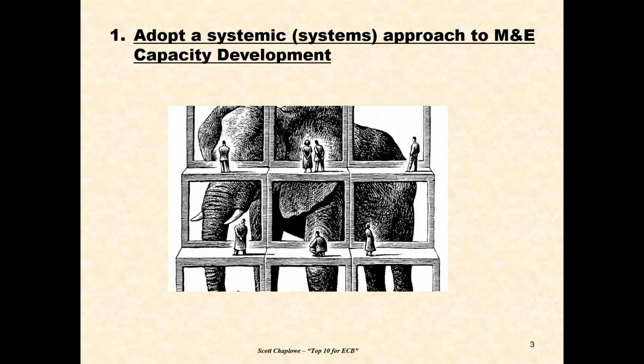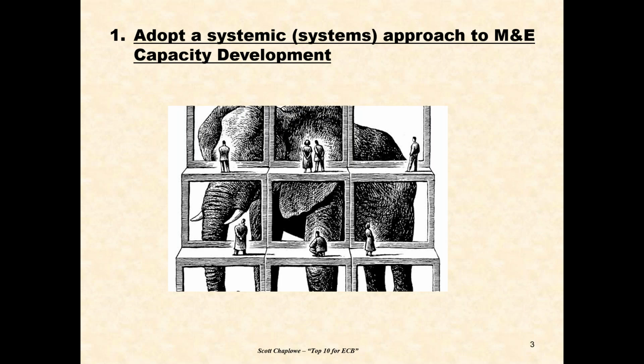So without any further ado, I will start off with my first tip, and I would venture to say the most important tip, because I think it sets the tone for the tips to follow, and that's pretty much adopt a systems approach. By that I mean an approach that encompasses a more holistic view of the context in which you're trying to deliver organizational development.